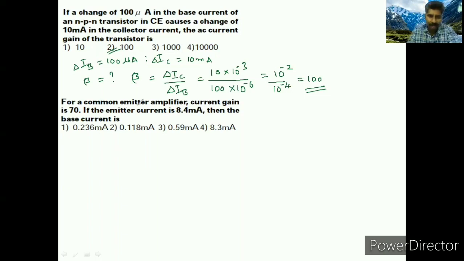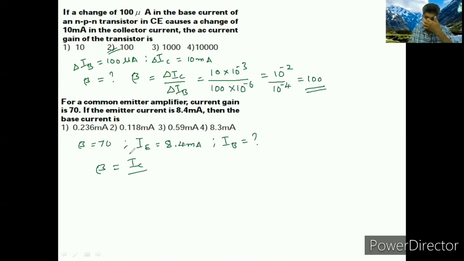Next problem. For a common emitter amplifier, current gain is equal to 70, which means the beta value they gave is 70. If the emitter current is 8.4 milliamps, then the base current is equal to how much? So we know beta is equal to IC, collector current, by base current.